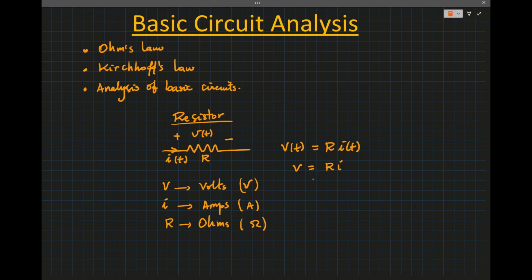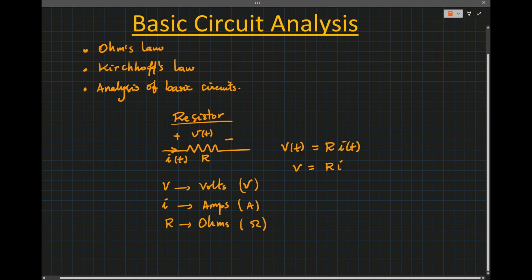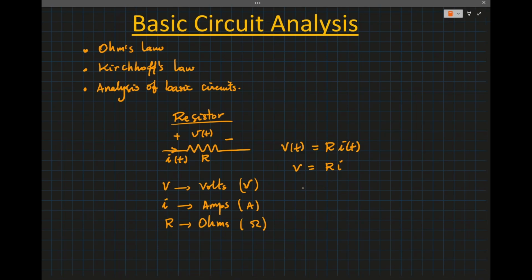Now, given any two of these, we can always find the third one. So I can write this equation as equivalent to i equals v over R. So i equals 1 over R times v.